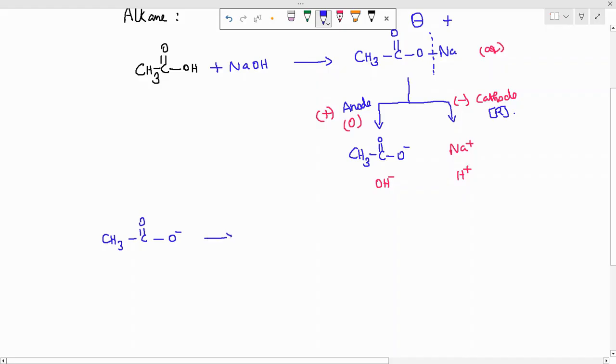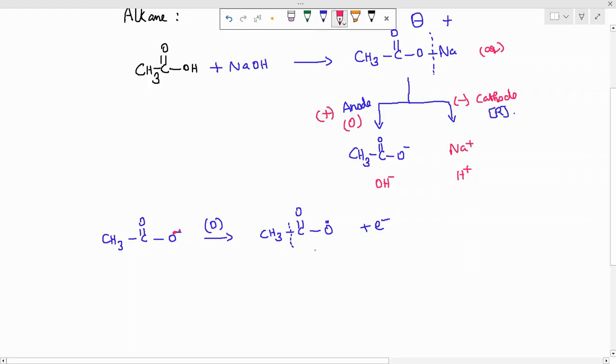After losing its electron, it will be converted into CH3C double bond O with a single electron. The minus charge indicates there are two electrons, but here it loses one electron because it is connected with the anode, where oxidation happens. Loss of electron is called oxidation. And then what will happen? There will be a homolytic cleavage at this part.